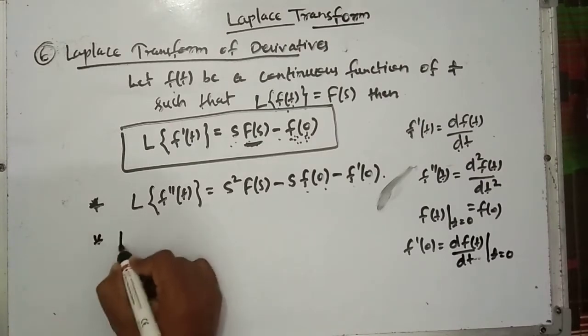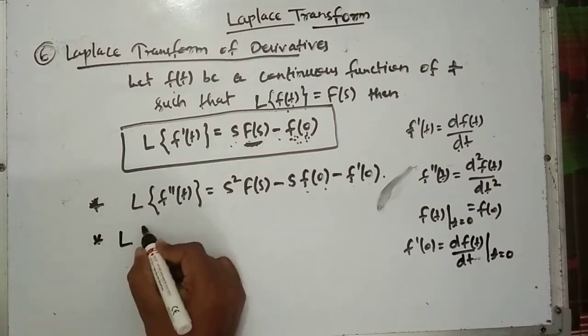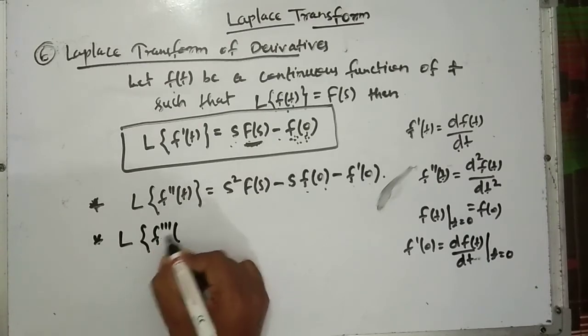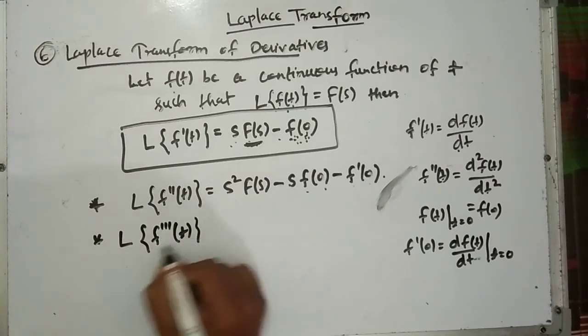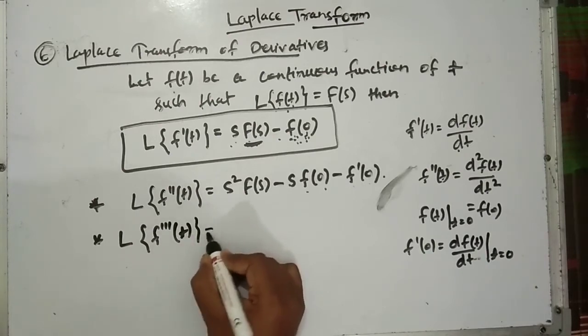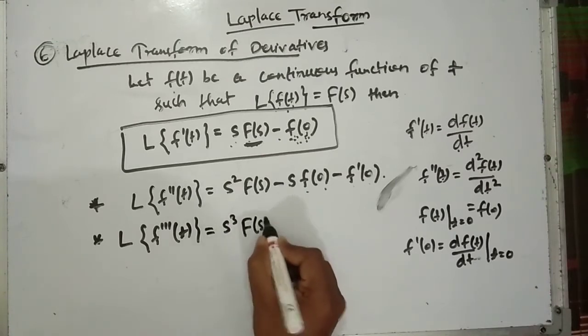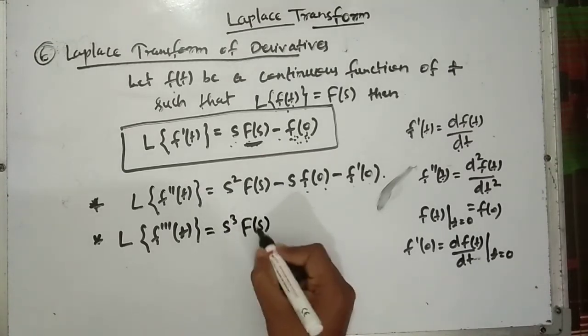Then the Laplace transform of f triple dash, that means the triple derivative of f(t), is given by s cube F(s). What is capital F(s)? Capital F(s) is the Laplace transform of f(t).